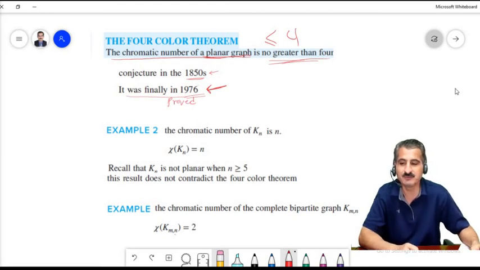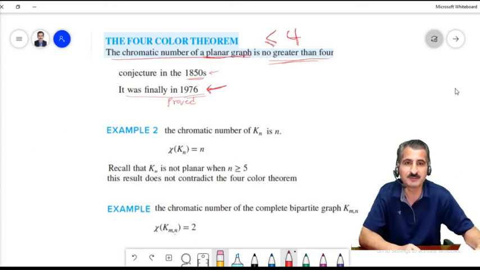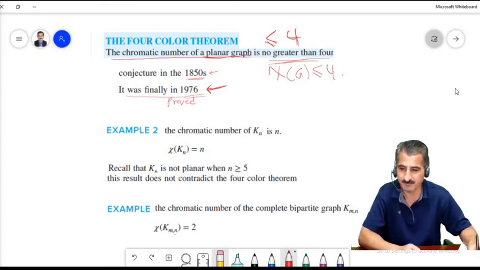So people still have some doubt about the proof of this theorem, but so far all known planar graphs need 4 or fewer colors to color them. So the chromatic number of such graphs is less than or equal to 4. Very interesting theorem. Okay.